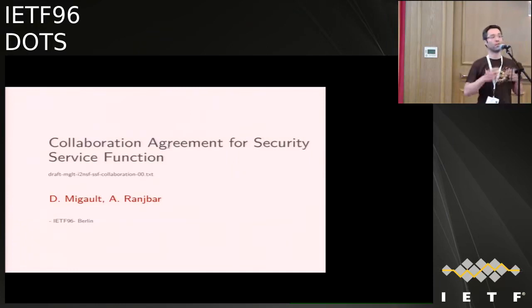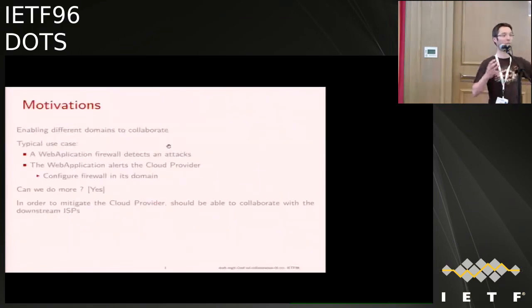Typically, the use case would be you have a cloud, a web server within the cloud is signaling he's under attack, and then the cloud provider is probably interacting with the ISP saying, well, can you block this type of traffic, for example?